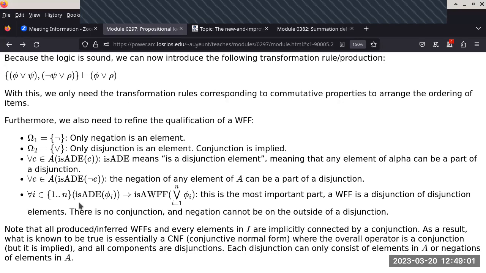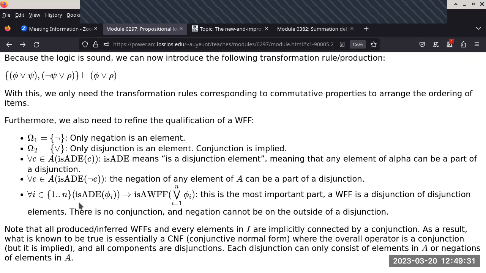Phi 1 is a disjunctive element, phi 2 is a disjunctive element, all the way up to phi n, which is also a disjunctive element. I have n disjunctive elements. Each one is either something in alpha or negation thereof. That's basically what each one of these n things are. Then I can say, if you make a disjunction of those n things, that is now a well-formed formula. That's it.